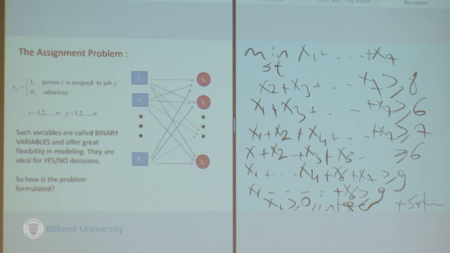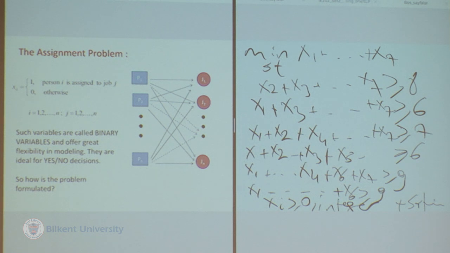So the variable that makes sense this time is whether that person does that job or not. So my binary variable has 2 indices, xij. If person i performs job j, that's a 1. Otherwise, that's a 0. All right?